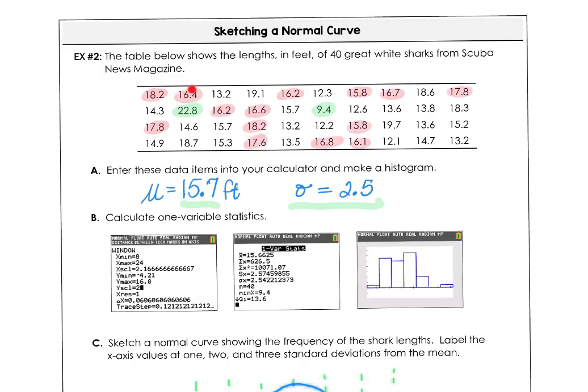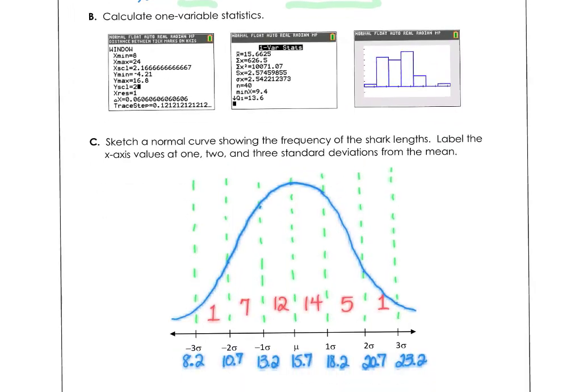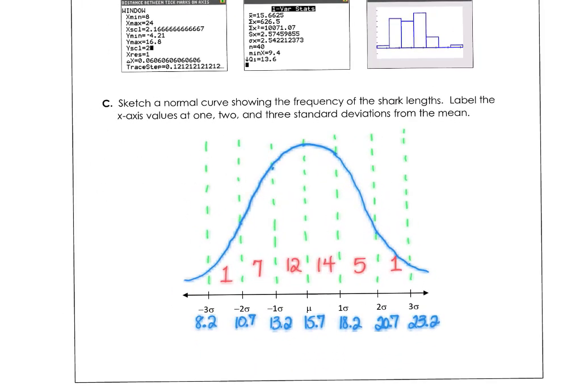And you can see that I had 14 data points in all that fit into that category between 15.7 and 18.2.